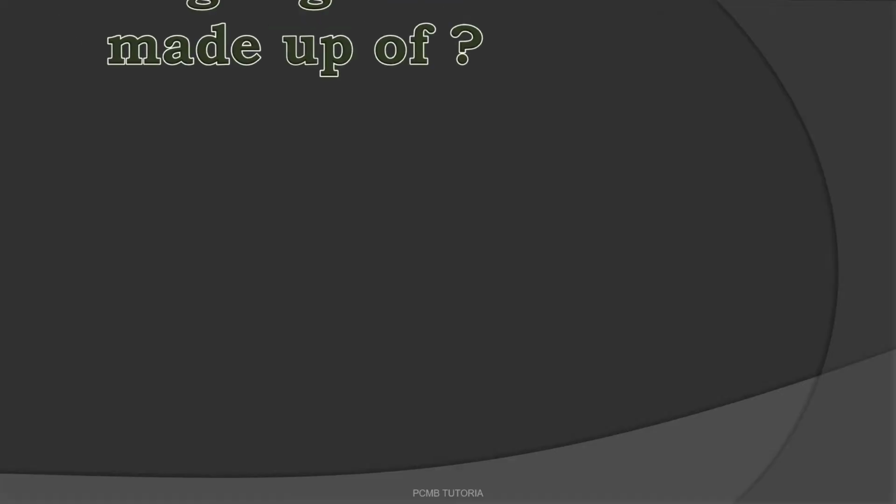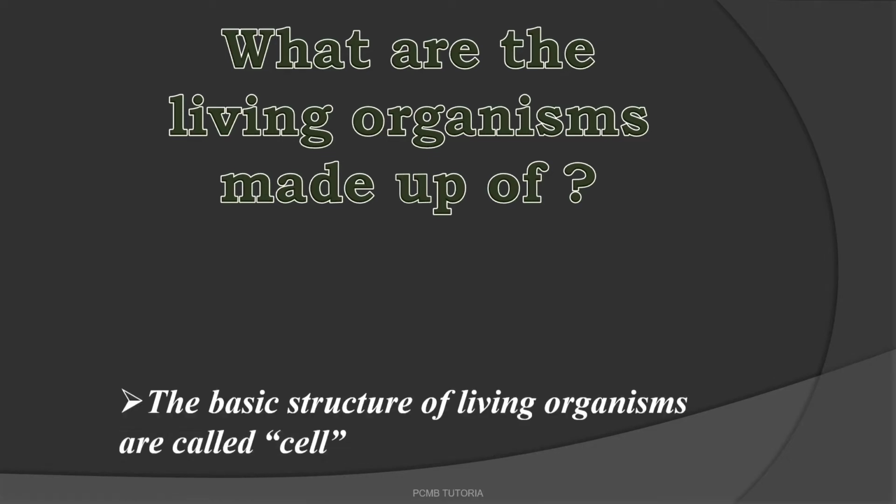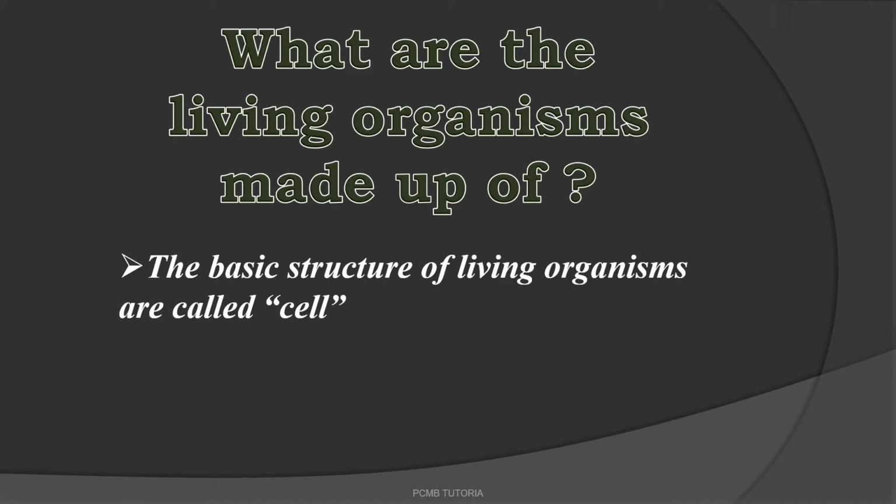Our next question is, what are living organisms made up of? The basic structure of living organisms is called the cell. On the basis of cell number, there are two types of living organism.